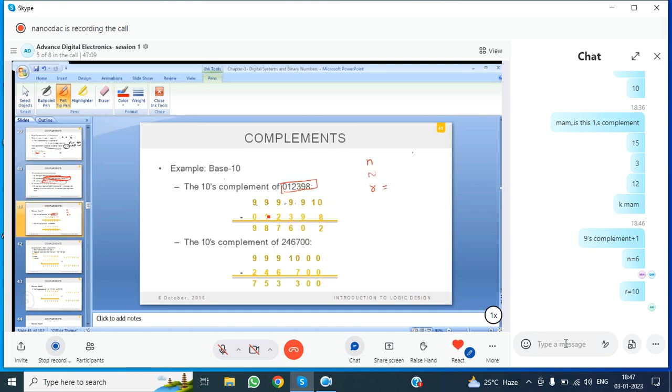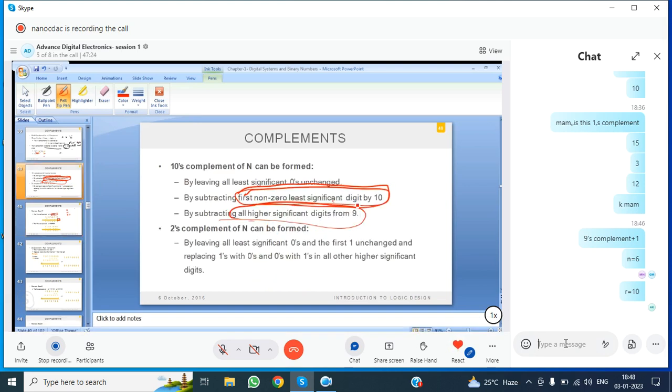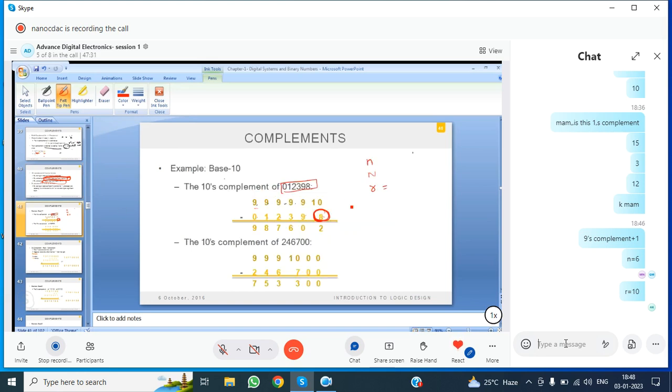See here, the number is 012398. What is the least significant digit? 8. This least significant digit, we need to subtract from 10 if it is non-zero. Since 8 is non-zero, we subtract it from 10.